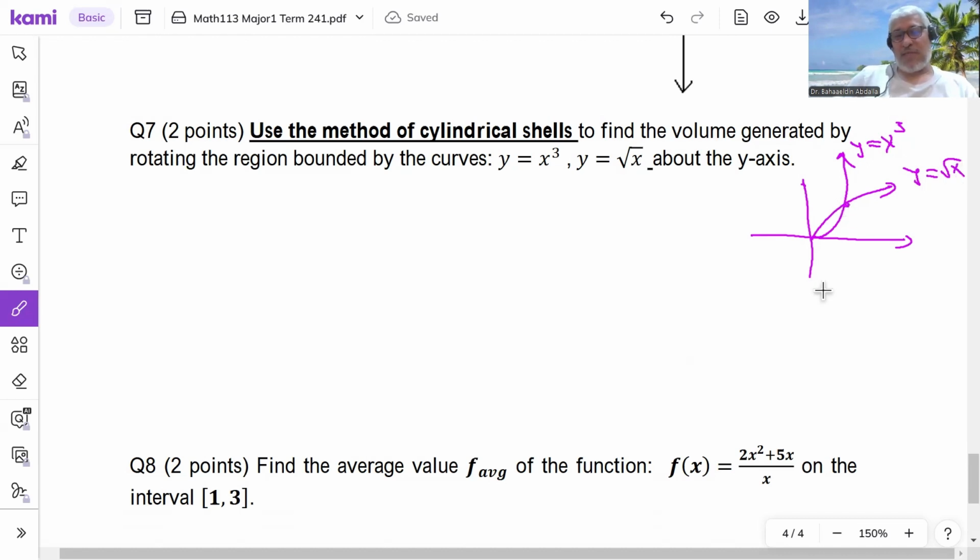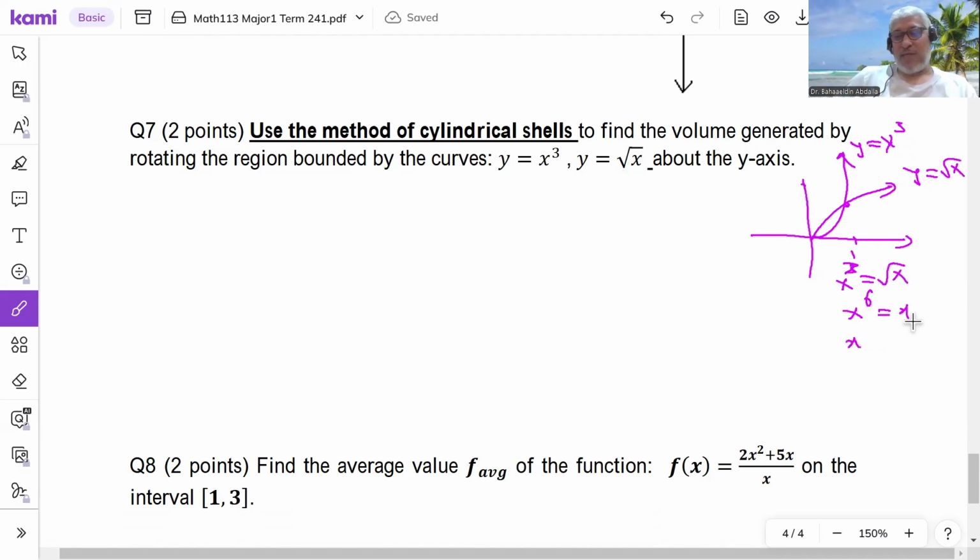And you can find the intersection point between the two curves. It's clear that it is at 1, because when x is 1, y is 1 in both curves. But if you want, you can write x cube equals square root of x. You are solving the two equations together. If you raise it to the power 2, x to the power 6 would be equal to x.